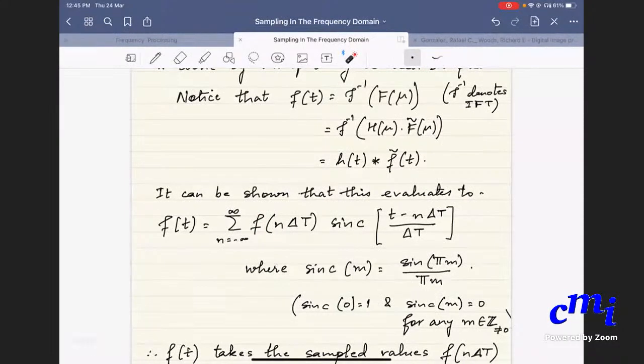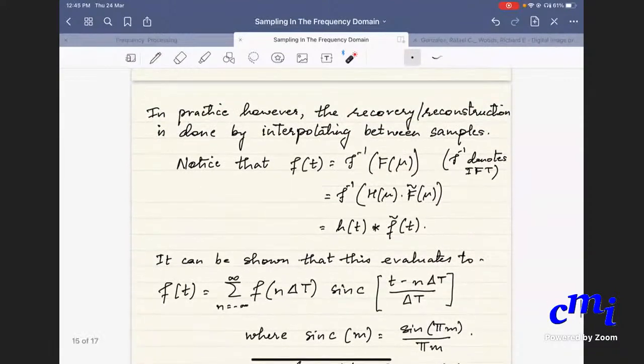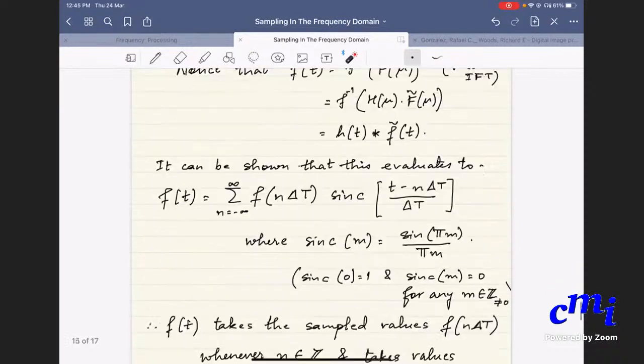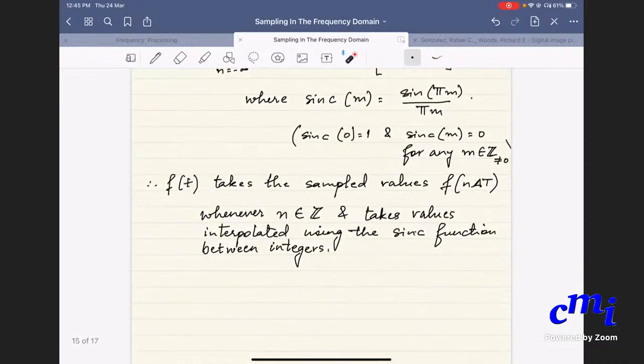And when n is not an integer, one uses interpolation using this function. The values between integers are interpolated using this function. So the point is that function recovery is not done as integration, but by interpolation in practice. That is the point I want to make here.